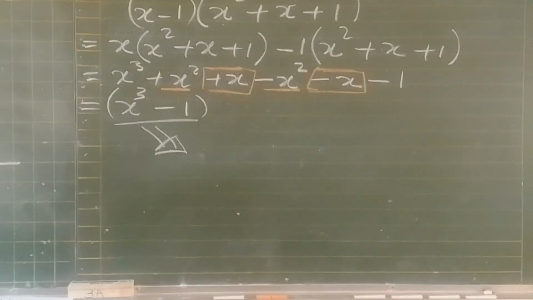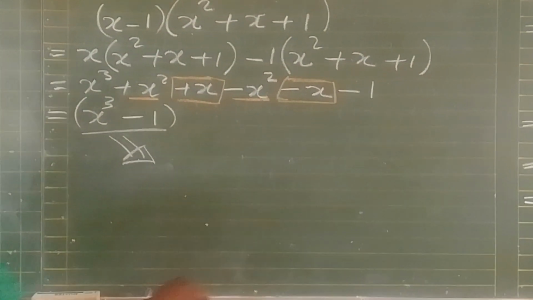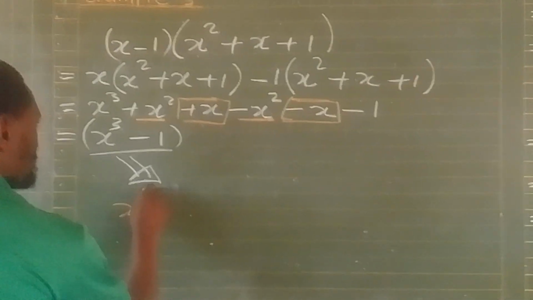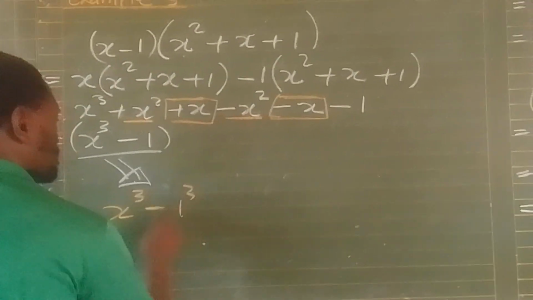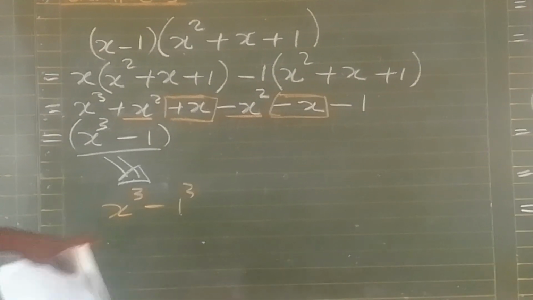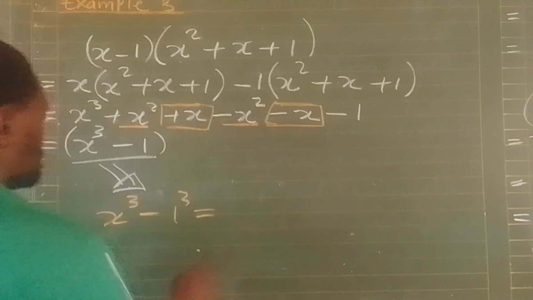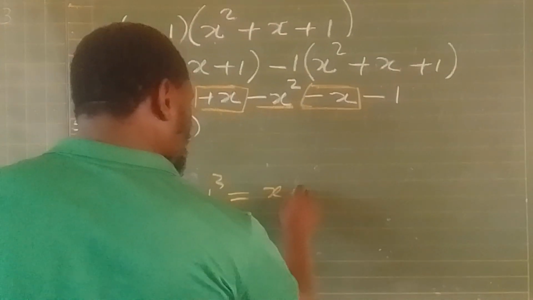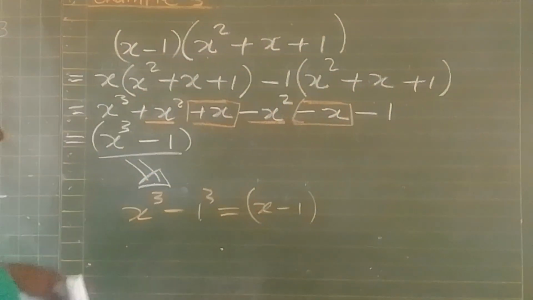This is another lesson. The next lesson is going to be this. If you are given something like this, x cubed minus 1 cubed, you start here, x minus 1. You close the bracket.